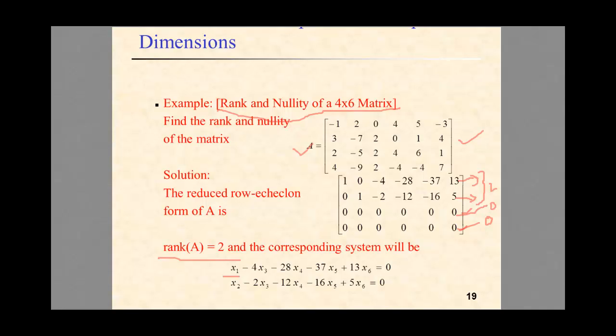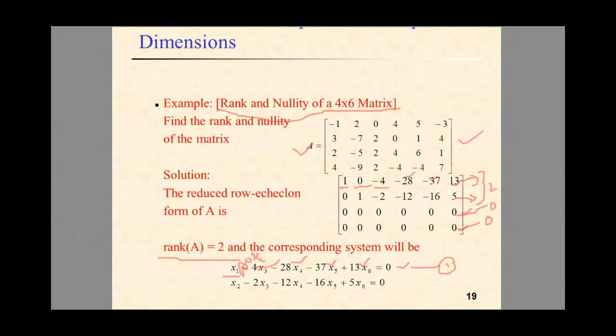x1 in the form of an equation: x1 minus 0x2, I'm not writing 0x2 here, and minus 4x3, so I'm writing 4x3, and minus 28x4, and 37x5, and 13x6 is equal to 0. This is equation number 1.